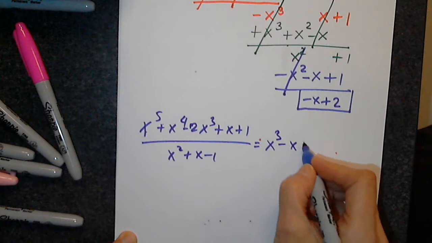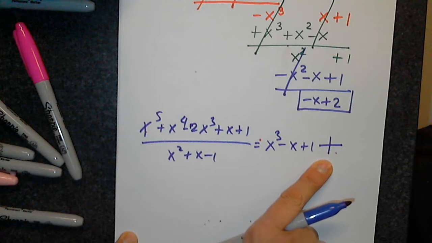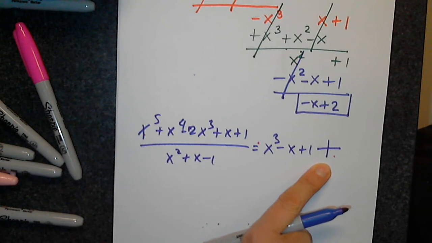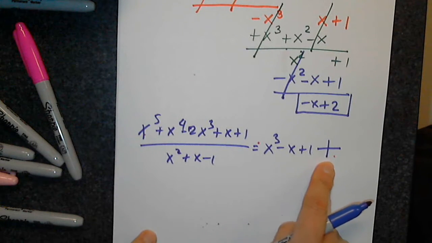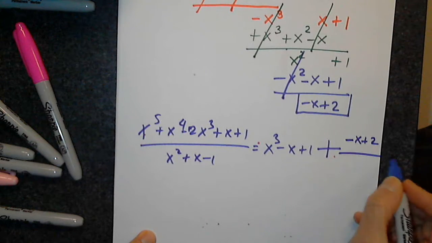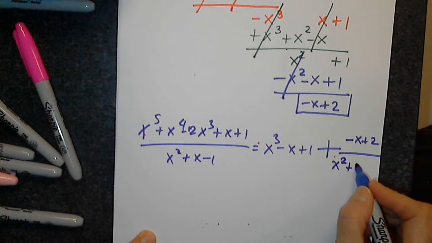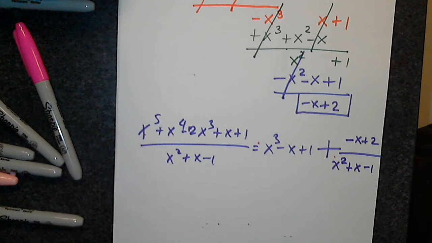X cubed minus x plus 1 plus, this is a must, you cannot write something without the symbol. The numerator is the remainder, negative x plus 2, over x squared plus x minus 1. Any questions?